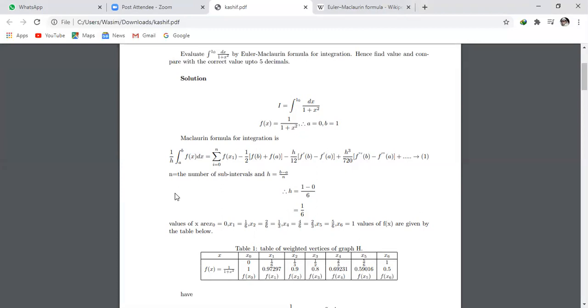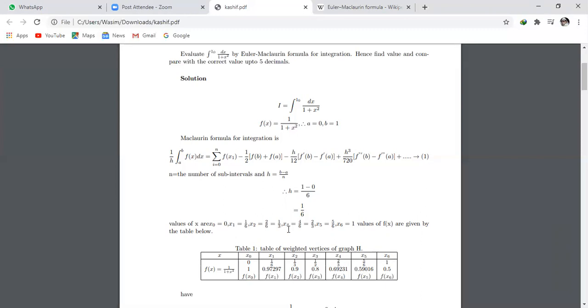And h is the difference between interval values of x. The x values are from 0 to 1 and we break the interval into 6 intervals, so h is equal to 1 by 6. x naught is equal to 0, and x1 is 1 over 6. x2 is 2 over 6, which is equal to 1 by 3.